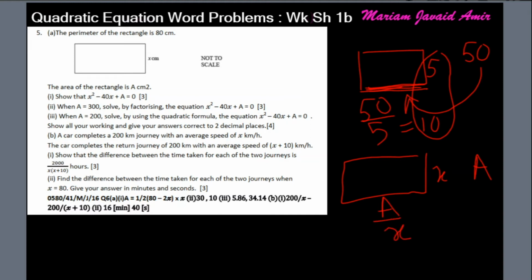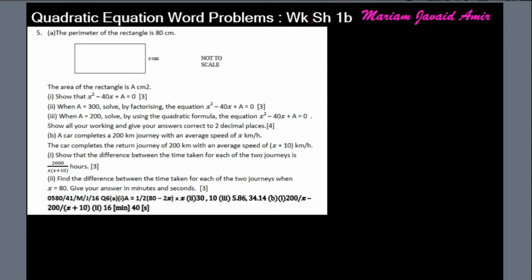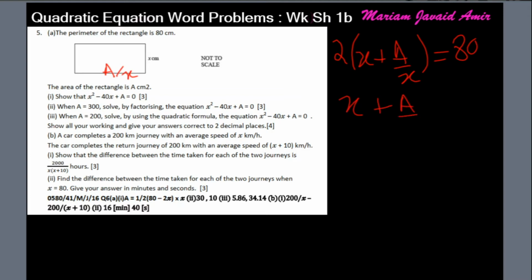Keep this in mind. So now this length is a over x, and the perimeter is 80, so we'll do 2 times length plus width equals 80. Let's take 2 to the other side, so we get x plus a over x equals 40.